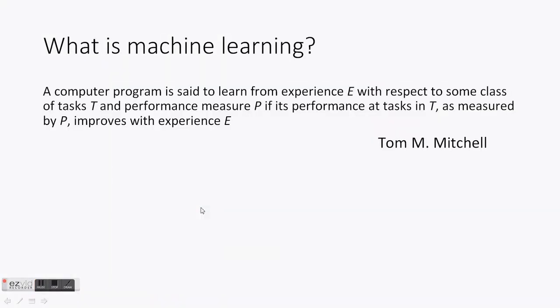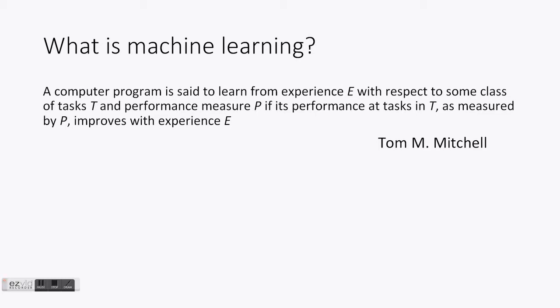Here is a formal definition of machine learning, which has been coined by Tom M. Mitchell. He says a computer program is set to learn from an experience E with respect to some class of task T and the performance measure P, if its performance at these tasks as measured by P improves with experience. So this is just a formal definition of what I had already mentioned with respect to learning a new instrument or learning to swim.